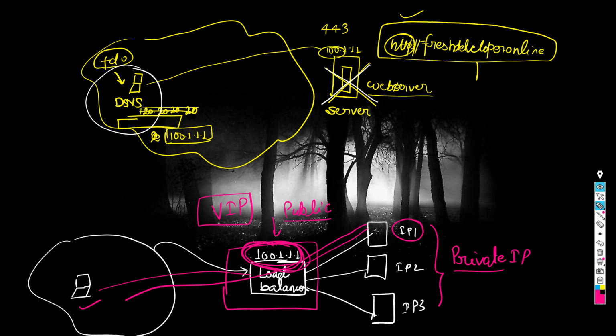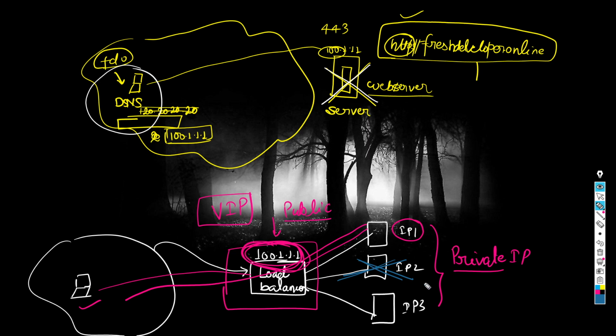And if any of the servers goes down, for example, the server which had IP2 is down, in that case the load balancer will not send the request to this IP2, the server 2.